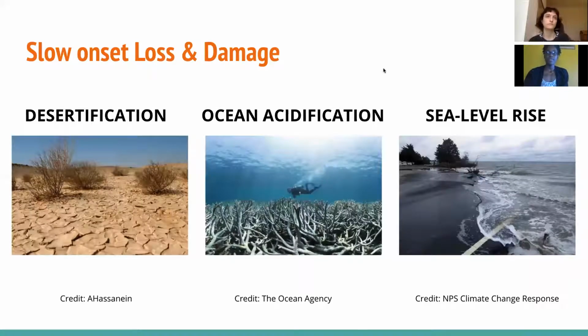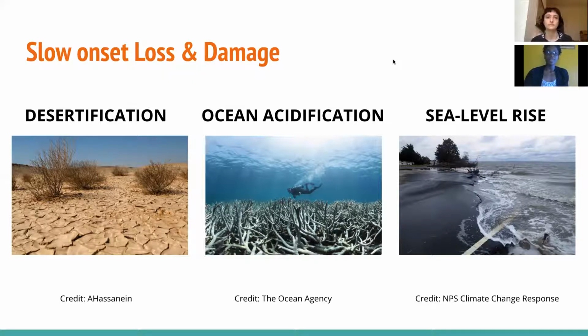Some slow onset events are desertification. This image is from Egypt in northern Africa. The second illustrates coral reef loss due to ocean acidification. And what happens is that as the pH of the ocean decreases, owing to increased carbon dioxide uptake, the algae that cohabitate with the corals are ejected, and it results in coral bleaching.